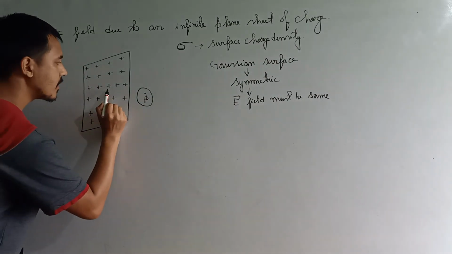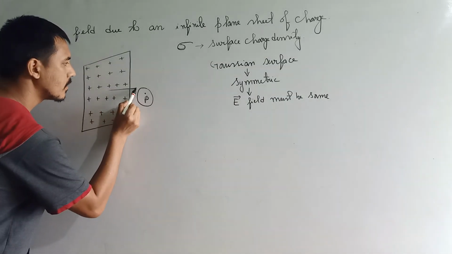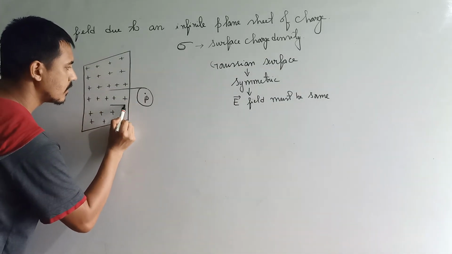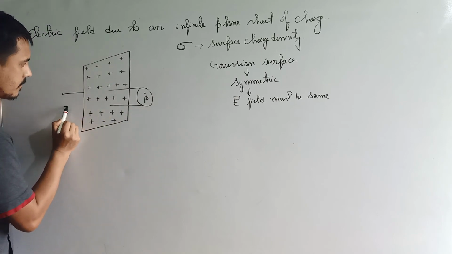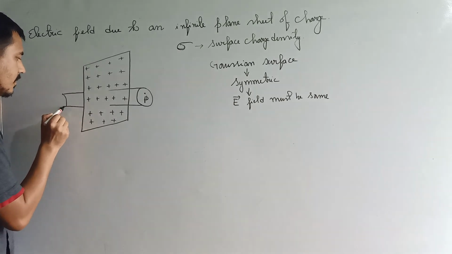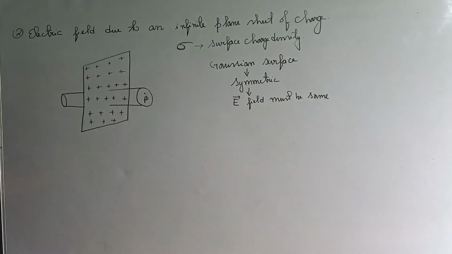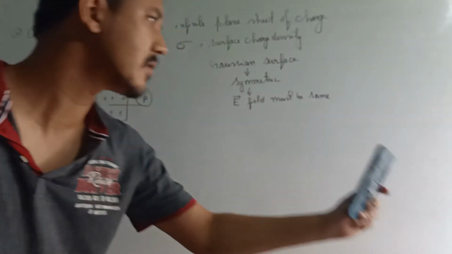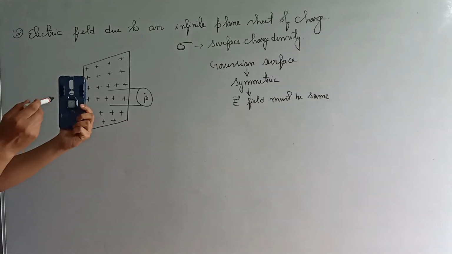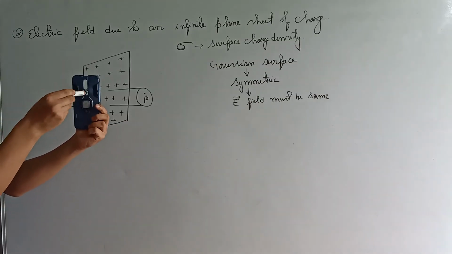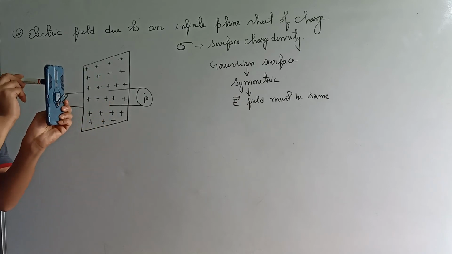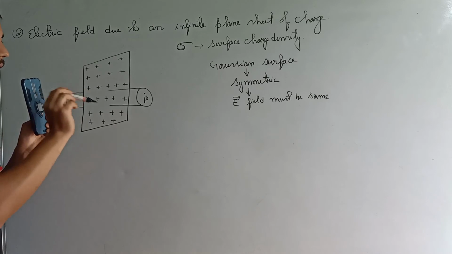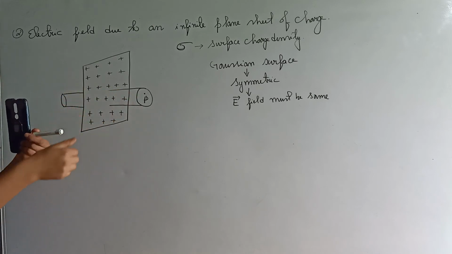That means I have to draw the cylinder in this way, like this. Suppose this is your surface. Then this is how you need to draw the cylinder, passing through this surface, and the point P should lie on the area of cross-section of the cylinder.